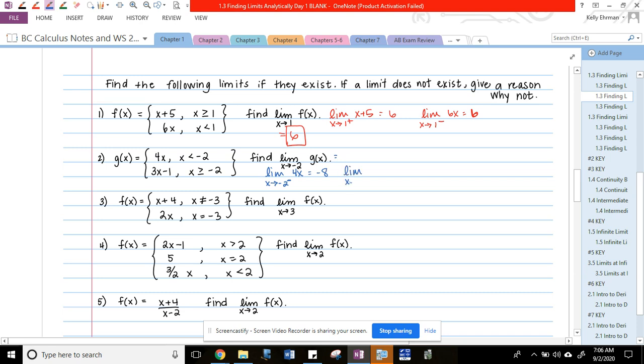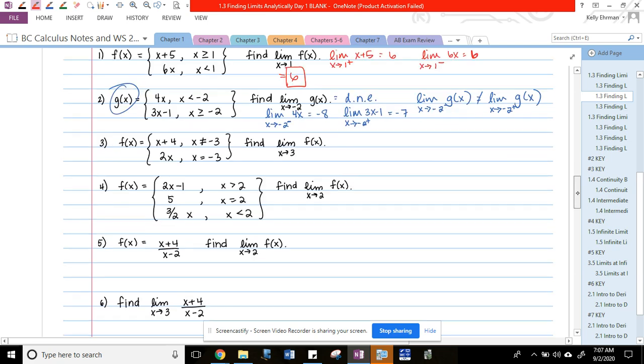The limit as x approaches -2 from the right of the bottom equation, 3x minus 1: -6 minus 1 is -7. So that limit does not exist because the limit as x approaches -2 from the left of g of x is not equal to the limit as x approaches -2 from the right of g of x.